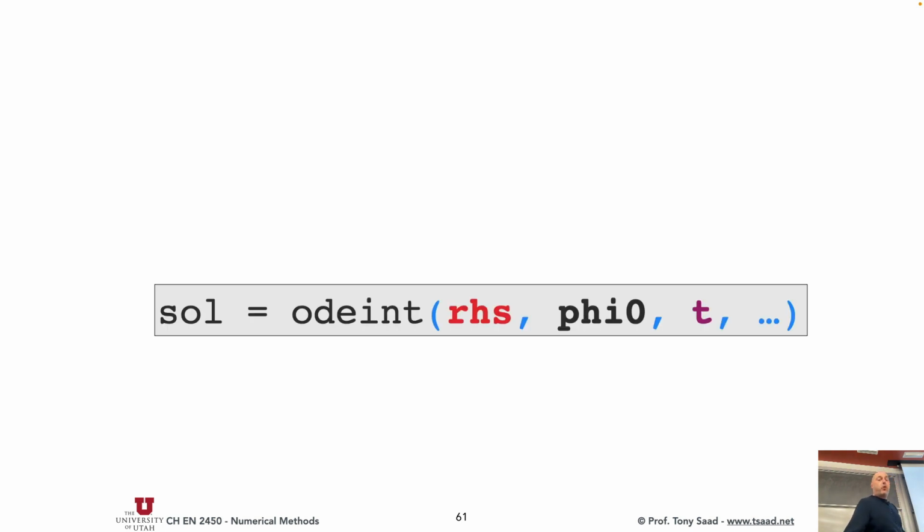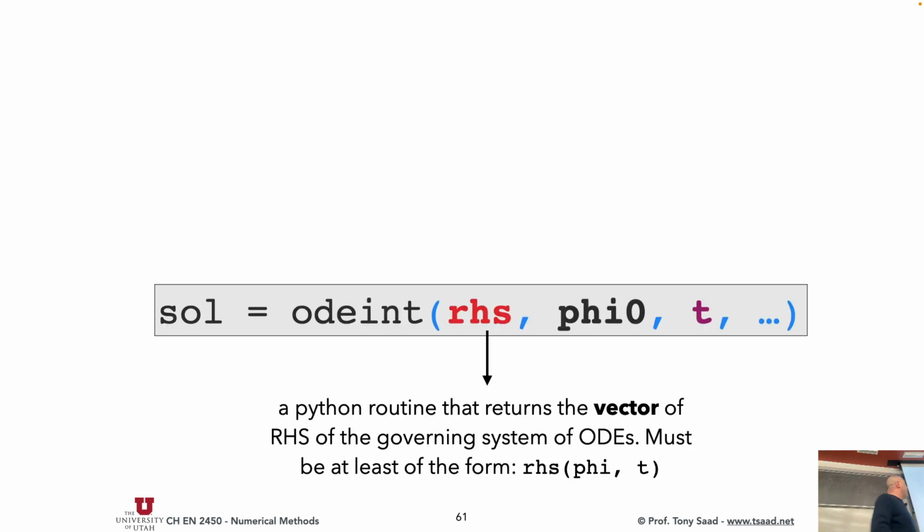ODEint still takes that same form. However, now the right-hand side is simply a Python routine that returns a vector, the vector right-hand side of the governing system of ODEs. And it must be at least of the form right-hand side, phi and t. In this case, phi is also a vector of the dependent variables, because your right-hand side depends on all of the dependent variables.